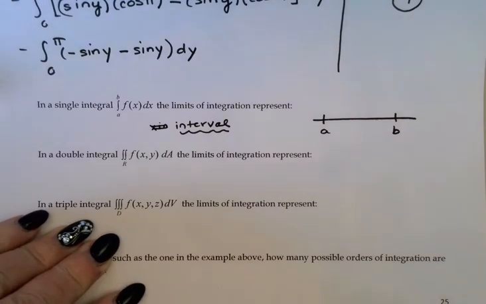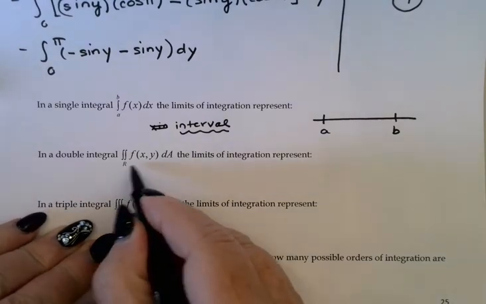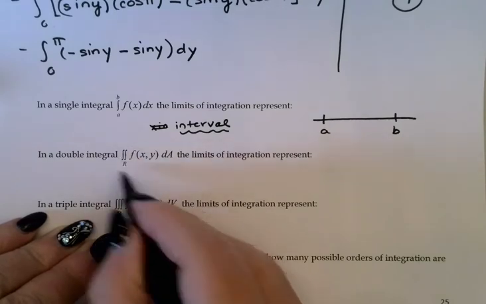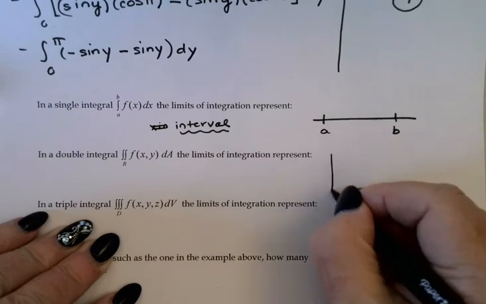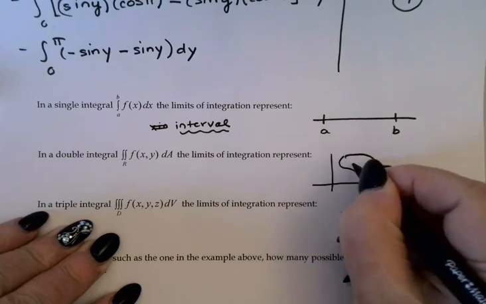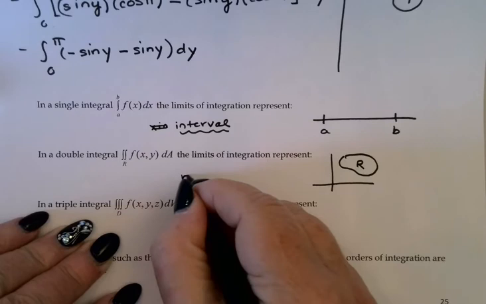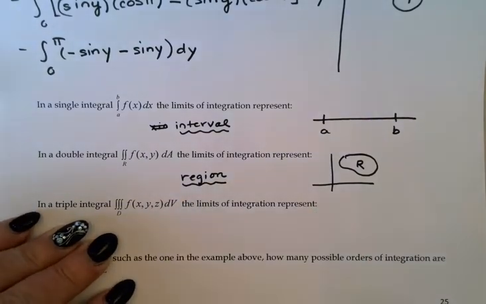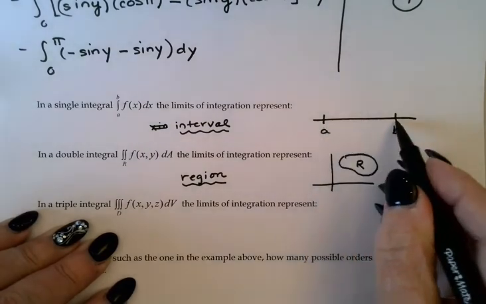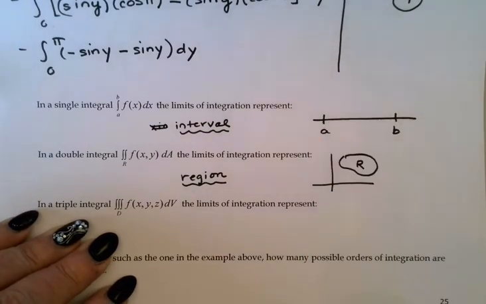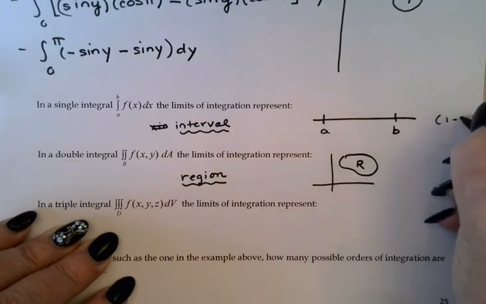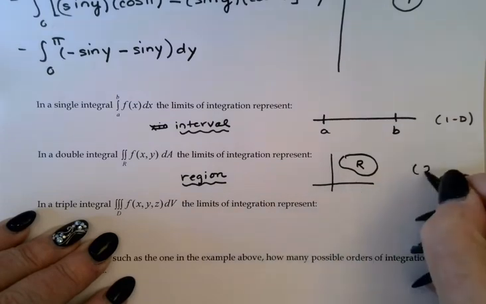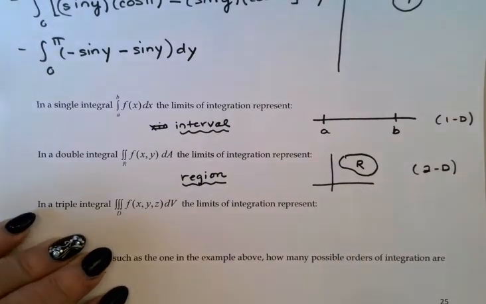When we were doing double integrals, we had the double integral of some function dA over a region R, and the limits of integration, whatever they are, represent some two-dimensional region R. So in a single integral, our limits of integration represent a one-dimensional interval. In a double integral, the limits of integration represent a two-dimensional region.